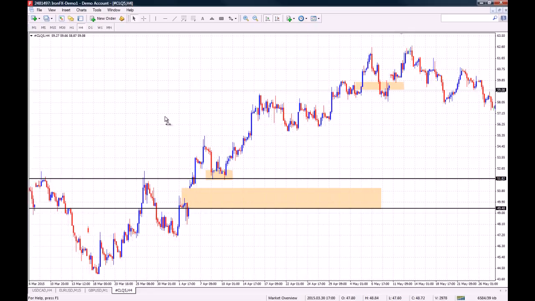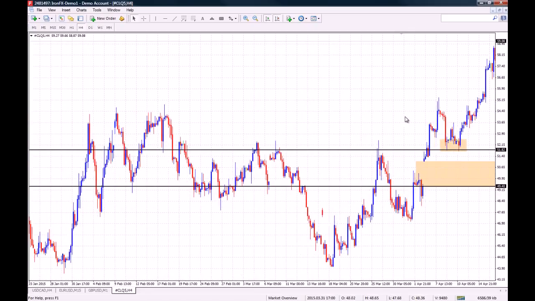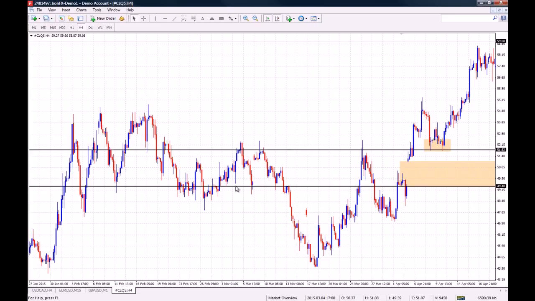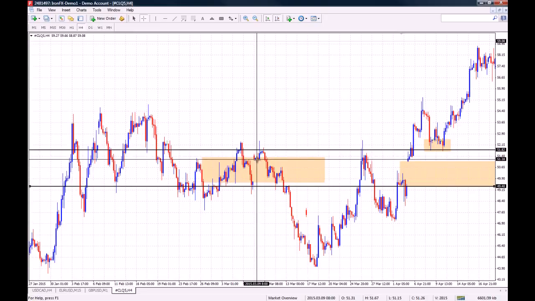Okay, now if we go back and let's look at this movement right here. Now you can see that the gap is right about here. Now on Friday we closed at 49.66 and we opened on Sunday higher at 51.12.